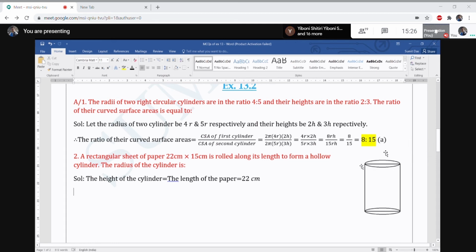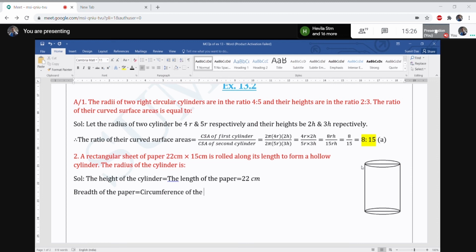Sorry, the breadth of the paper is equal to the circumference of the base of the cylinder.